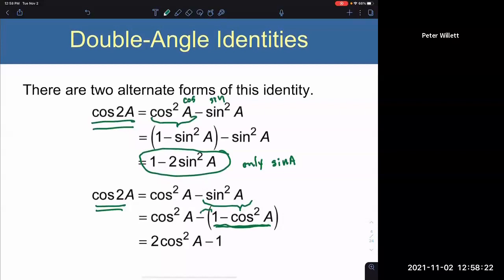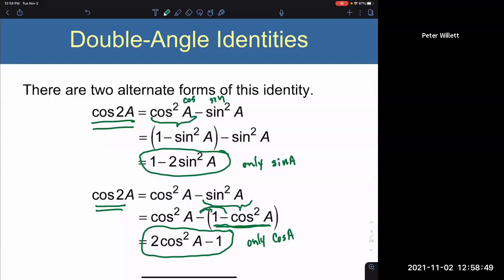Minus of a 1 is -1, and minus cosine becomes plus cosine squared a. And if I take the plus cosine squared a with the other cosine squared a, it ends up combining to be 2 cosine squared a. And so this gives us another alternative form, which has only cosine a in the formula to evaluate.